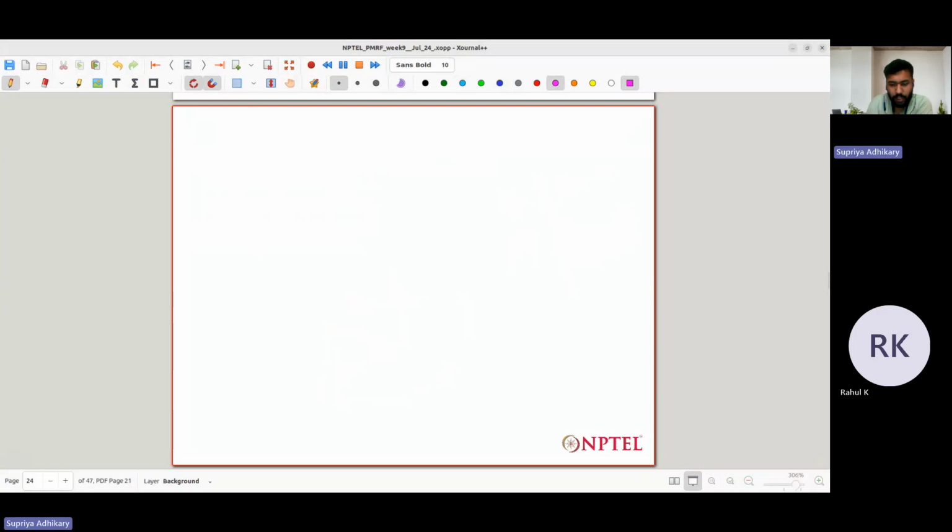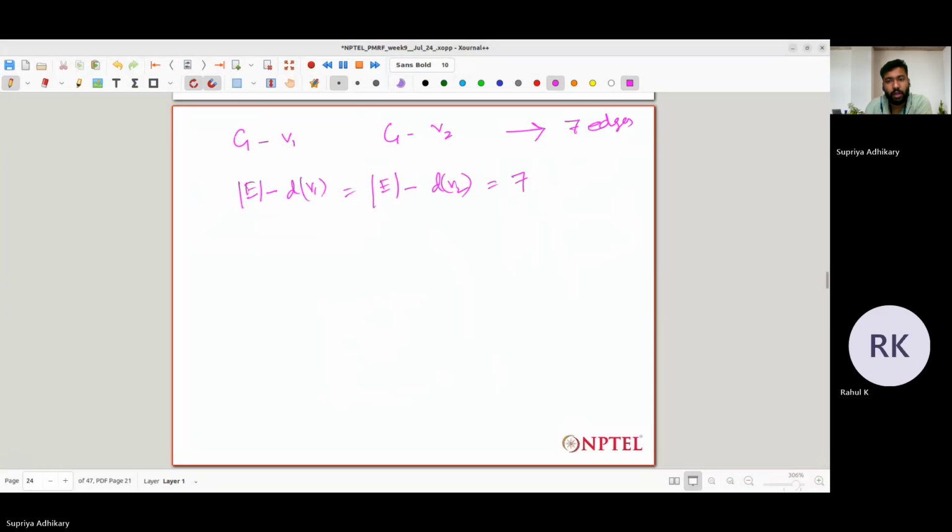Now it is given that G minus V1 and G minus V2 both have 7 edges. So this gives us that |E| minus degree of V1 is equal to |E| minus degree of V2, and they are both 7.